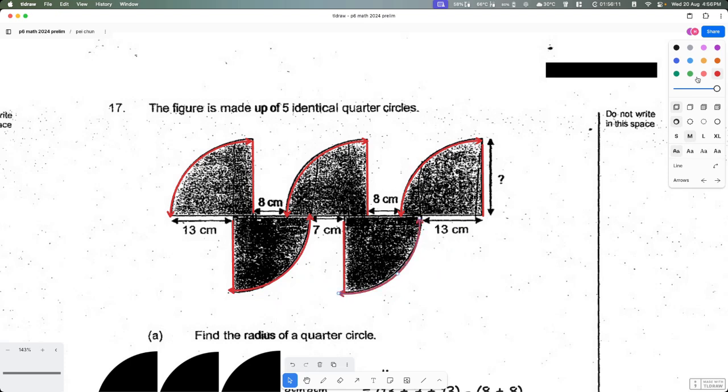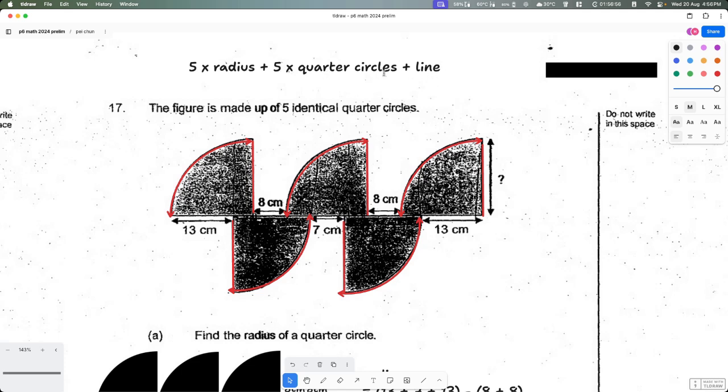Okay, so in conclusion, it is basically 5 times radius plus 5 times quarter circles, and then plus all of this, the lines, which are 13, 8, 7, 8, 13.